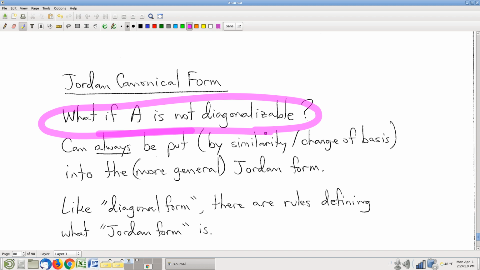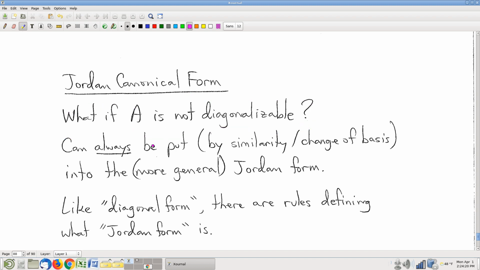Jordan Canonical Form is your consolation prize. It's not what anyone's asking for. No one's hoping for this, right? But in the case where your matrix simply is not diagonalizable, the consolation prize, good news, is that you definitely can put that matrix into something called Jordan Canonical Form. So, Jordan form.